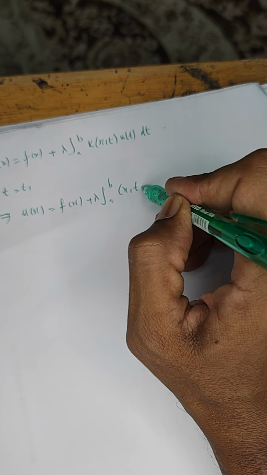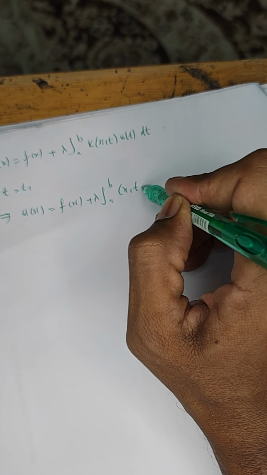Now in the given Fredholm integral equation, we have u(t) here. So I want to substitute this u(t) with that. From that u(x), let x equal to t.